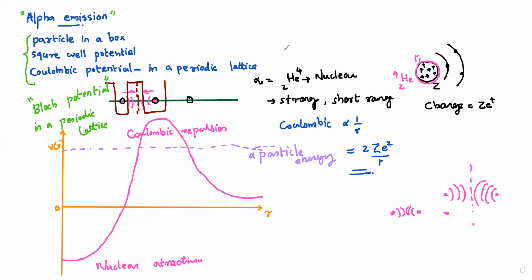And by considering here, we can consider the Coulombic potential from this point to this point. So here let's consider this is a point that we can call R1, and here this is a point we can call R2.